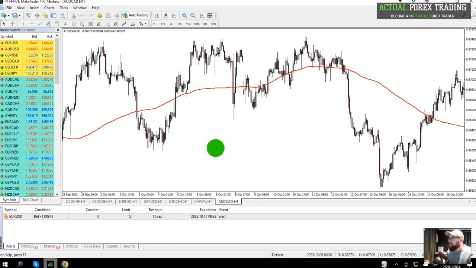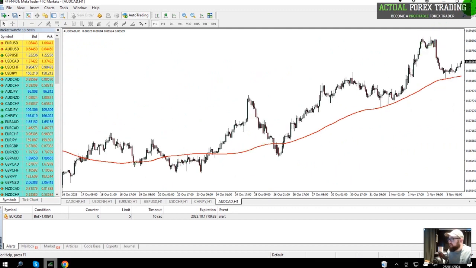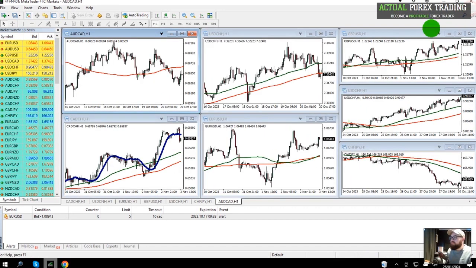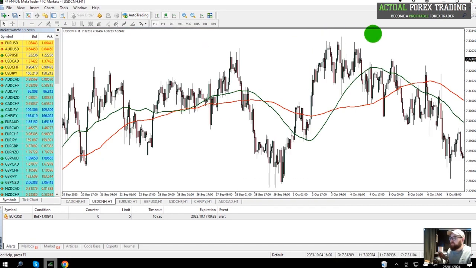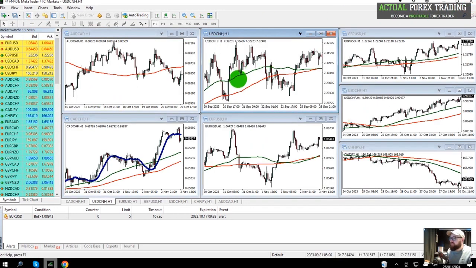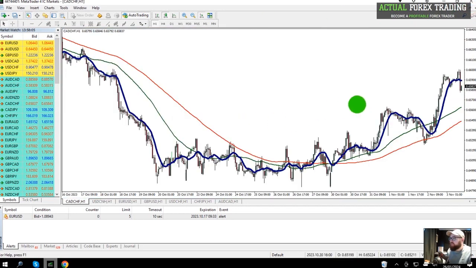Another way that these moving averages can be used when it comes to direction is by having two moving averages on our charts. There's a very choppy market, we'll come back to that one. Let's come to this one and get rid of this fast moving average. I don't use MetaTrader as much as I used to.